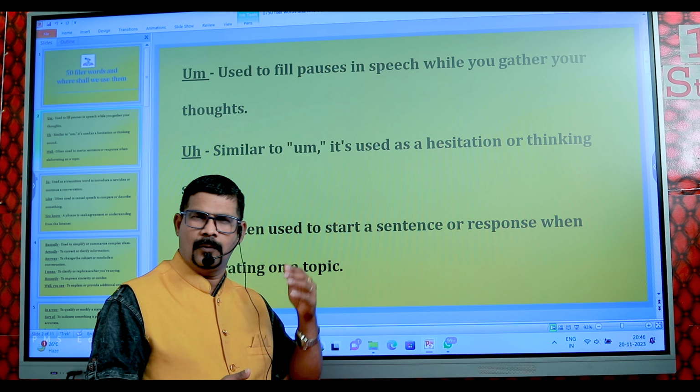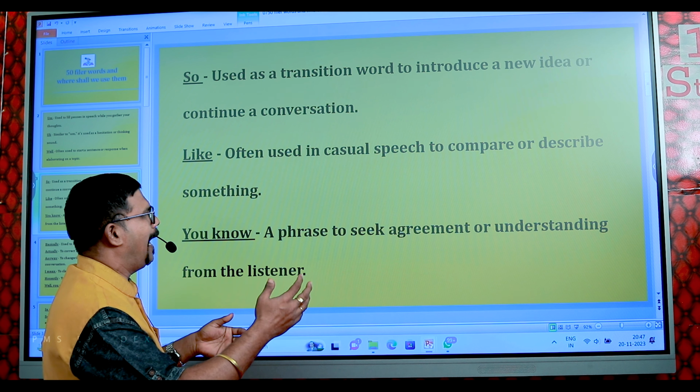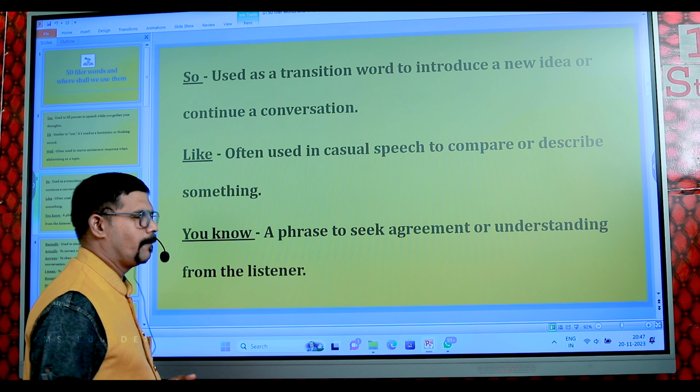So, used as a transition word to introduce a new idea or continue a conversation. If you wish to continue a conversation, or if you're having a long conversation, we use "so" to introduce any ideas or thoughts. And like, often used in casual speech to compare or describe something.